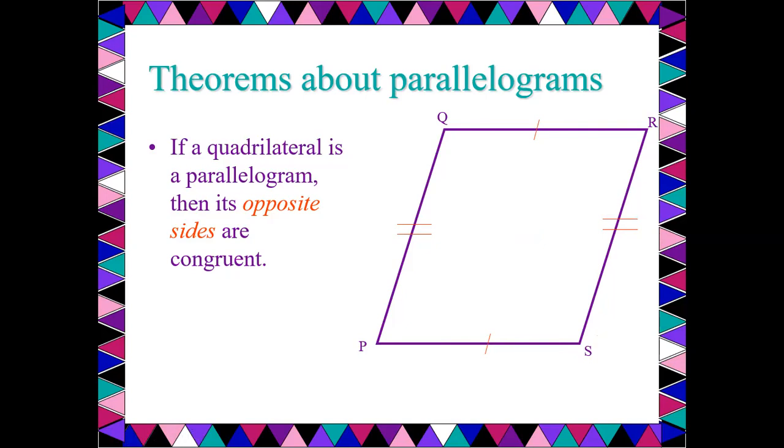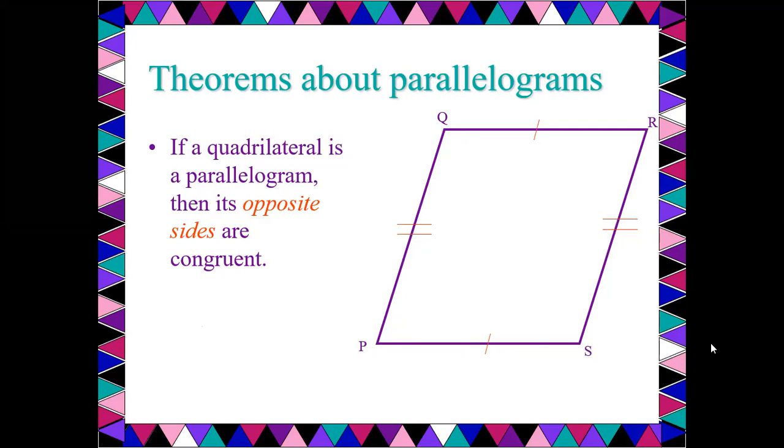What do we mean by parallel? Magkatapat sila and no matter how long you extend these two lines, ibig sabihin, kahit gaano mo sila kahaba i-extend. Halimbawa, dinugtungan mo si QR, pinahaba mo si PS, pinahaba mo sa left, pinahaba mo sa right, hindi sila magkakaroon ng intersection.